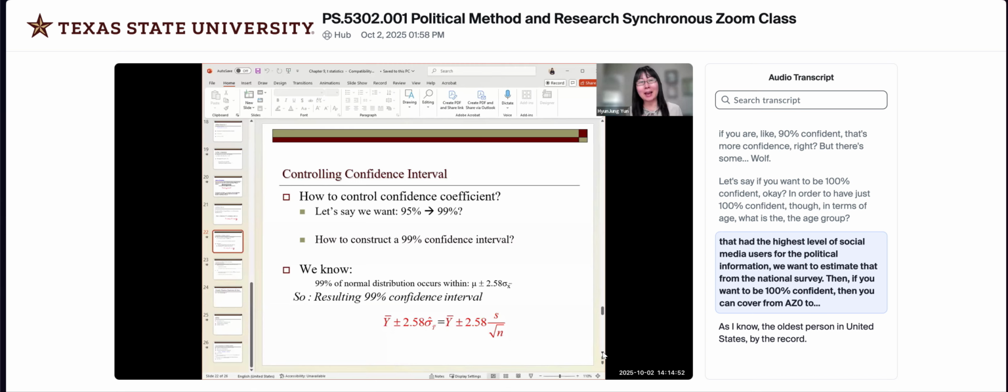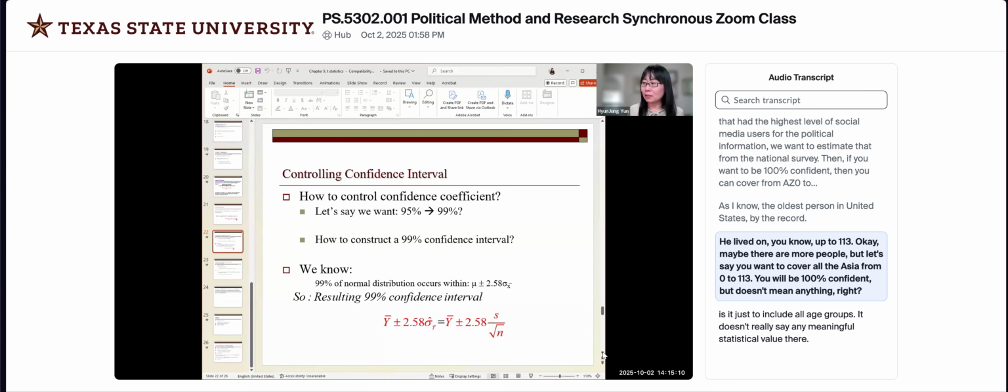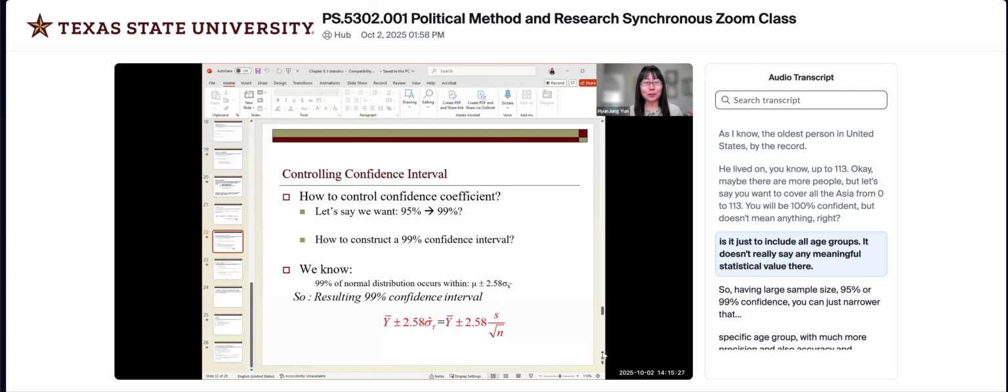If you want to be 100% confident, then you can cover from age 0 to, as far as I know, the oldest person in the United States by record, who lived up to 113. Okay, maybe there are more people, but let's say you cover all ages from 0 to 113. You will be 100% confident, but it doesn't mean anything, right? It just includes all age groups. It doesn't really say any meaningful statistical value there.